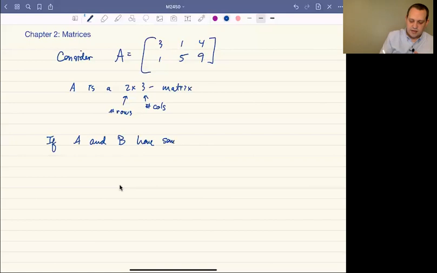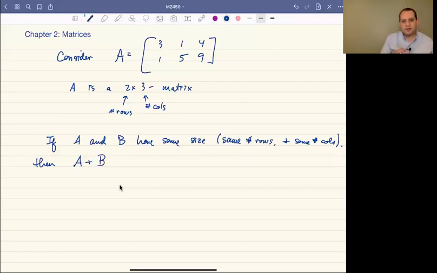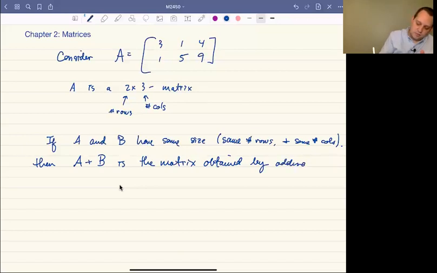It's the same number of rows and the same number of columns. Then you can define A plus B as the matrix obtained by adding the corresponding entries.